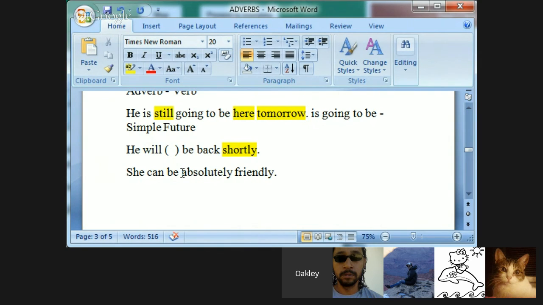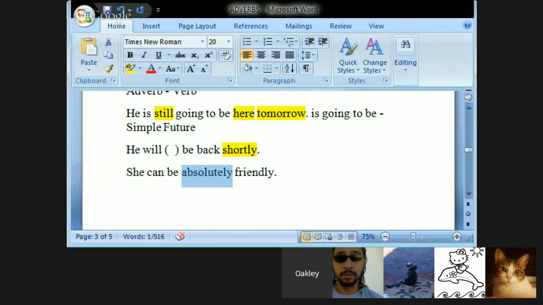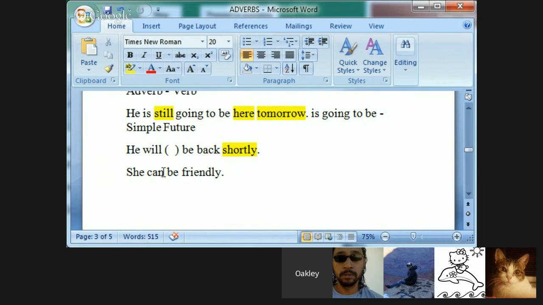There's nothing wrong with this sentence, but this adverb is clearly working on the adjective. Let me do a little cut and paste job here. Our verb here is can be. You've got an auxiliary helping out the verb to be.